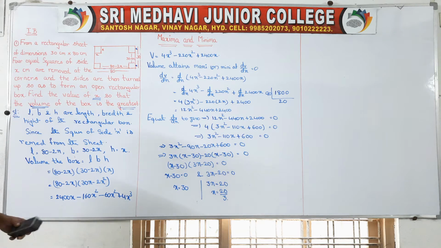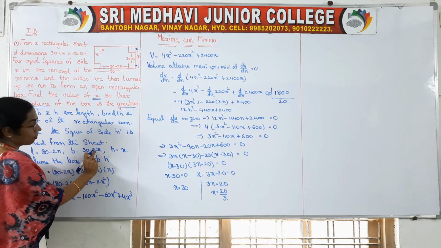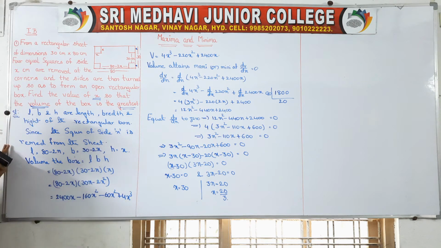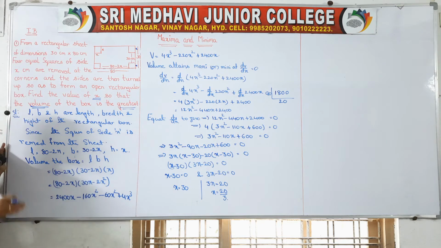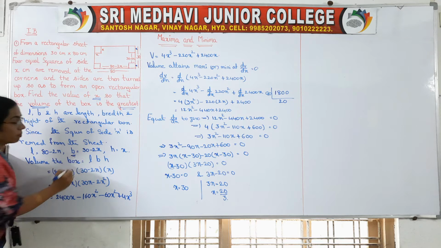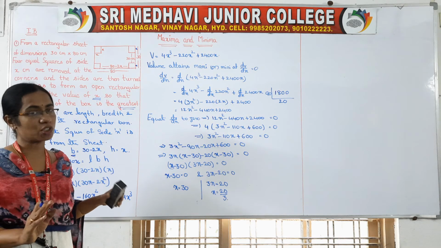Okay, observe carefully, x is equal to 30. If we take x equal to 30, what happens to your value? 30 minus 2 into 30, so 30 minus 60 is minus 30, your breadth will be negative. We don't take length, breadth, height as negative values, only positive values.